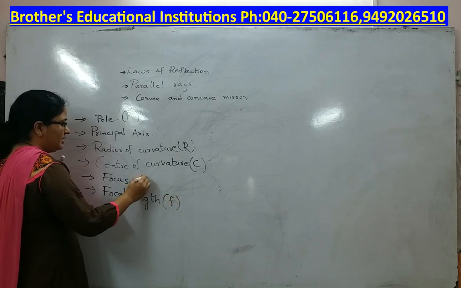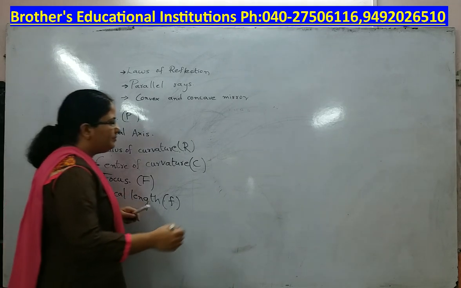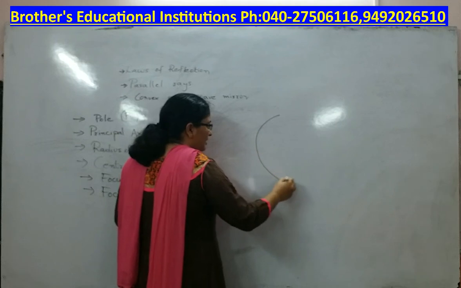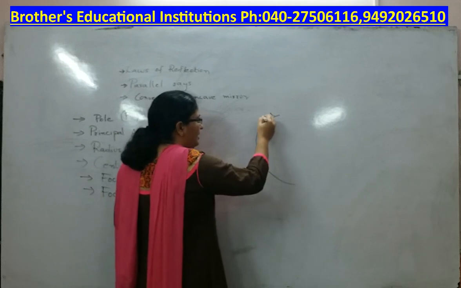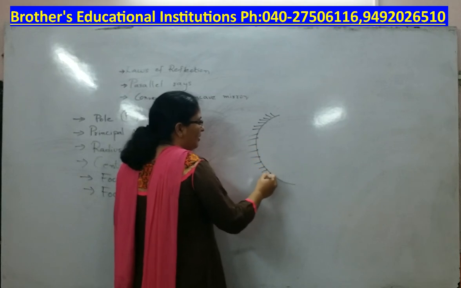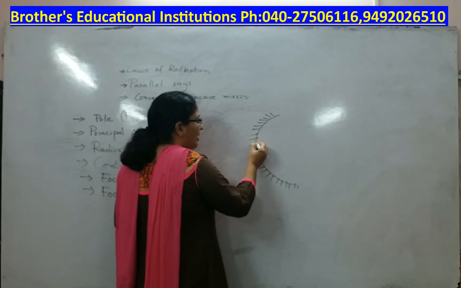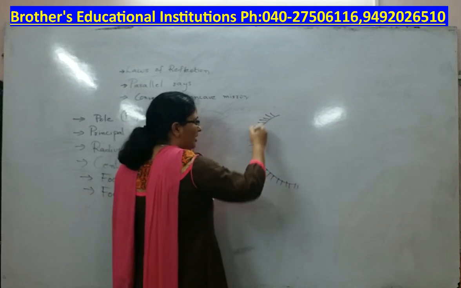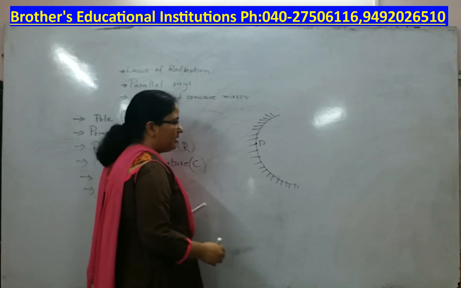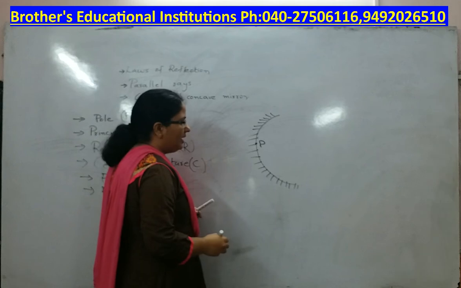Point of focus is denoted with capital F. Now, let us start with a concave mirror. If this is a concave mirror, the midpoint or the central point on the mirror is called the pole, and it is denoted by the capital letter P.